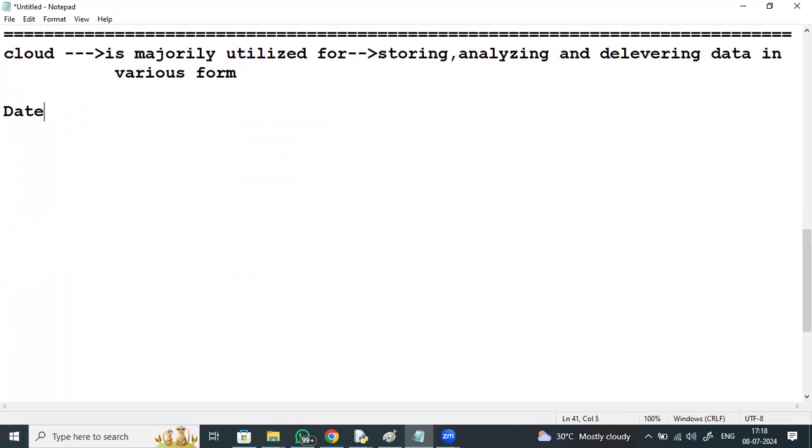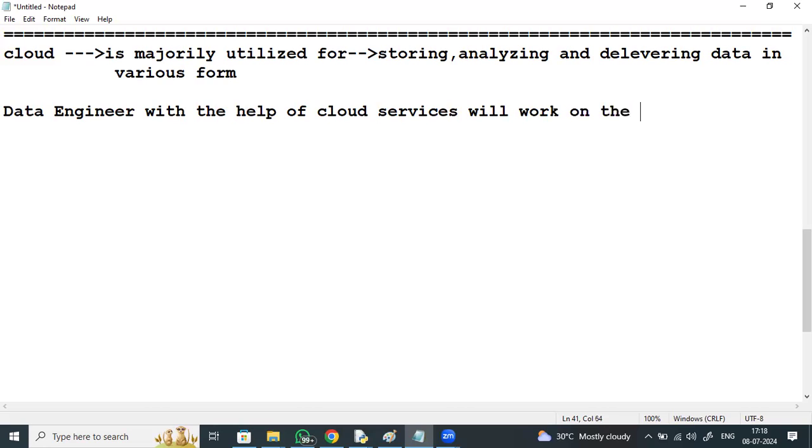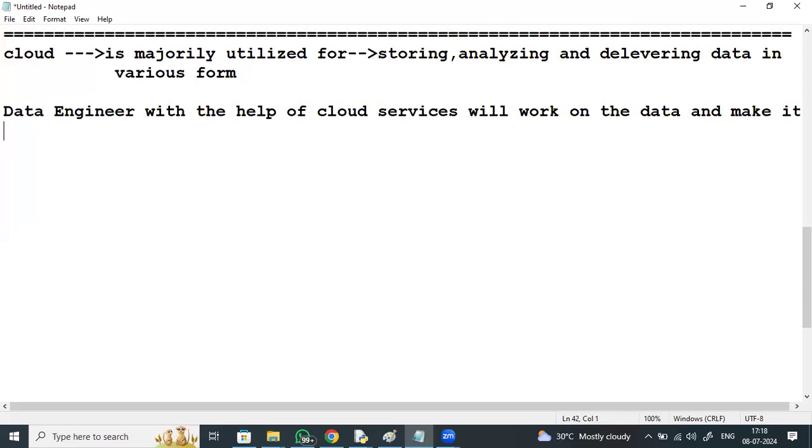A data engineer, with the help of cloud services, will work on the data and make it structured and useful.